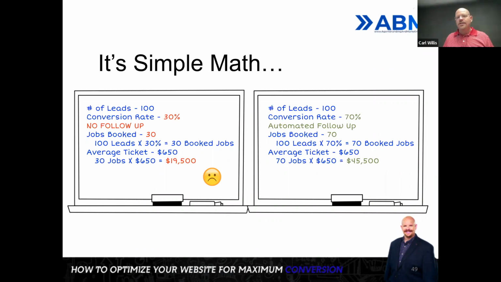Now we're converting at 70% of those leads becoming closed business. At the same number, $650 in earnings, we're now going to increase those earnings to $45,500. So we have more than doubled our revenue simply by increasing our rate of conversion without changing the amount of leads we get and without having to spend any more money.